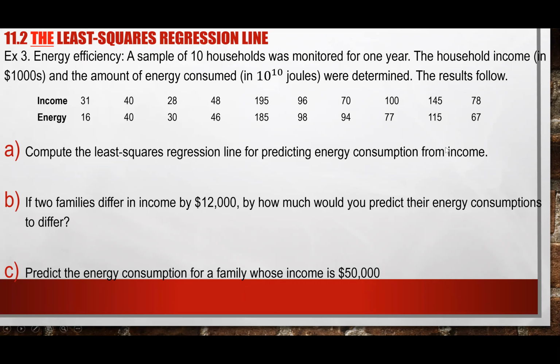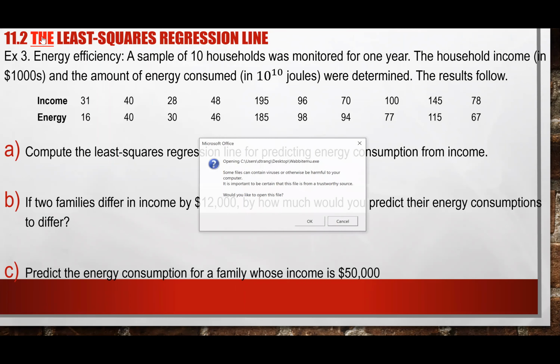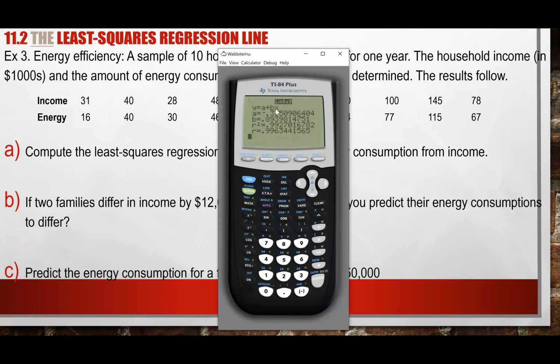The consumption is your Y, which is your predicted item, and your X is the independent item, which is what we plug in to predict the energy. So in order to come up with this equation, we need to have this output.